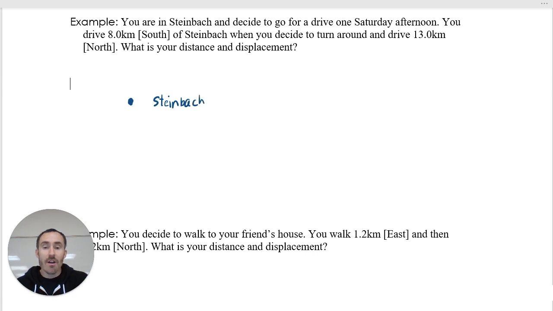That's where you started. We're going to assume, for the sake of simplicity in this problem, that Steinbach has a size of 0. It's a point. Okay, that's just going to make this a little bit easier. So you drive 8 kilometers south of Steinbach. There's your 8 kilometers.